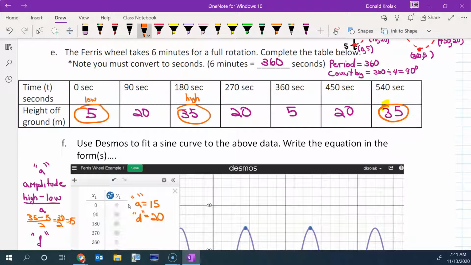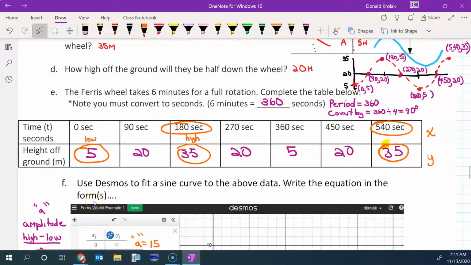This is the x, this is the y. I'm going to subtract 180 from 540. But it also tells me right here: this is the period, 6 minutes until you're back to where you started. 6 minutes or 360 seconds.